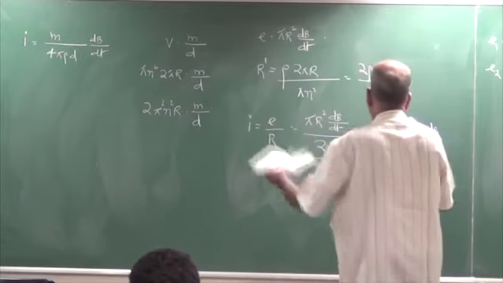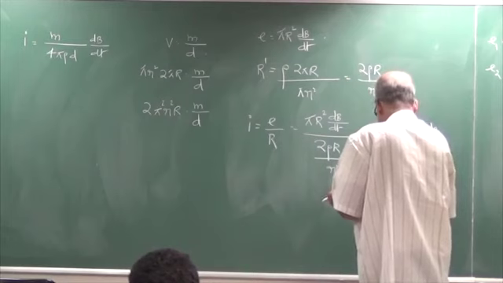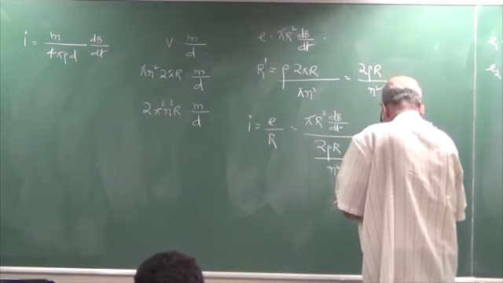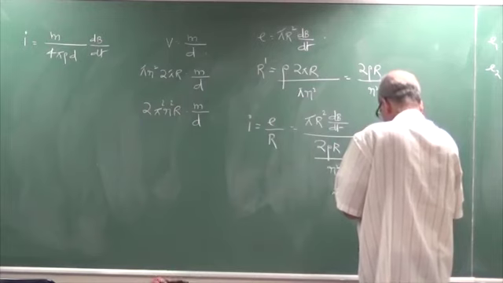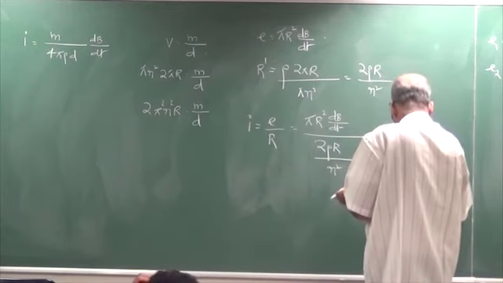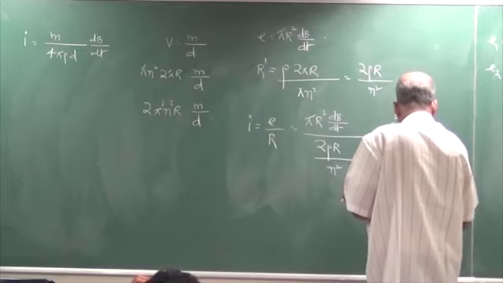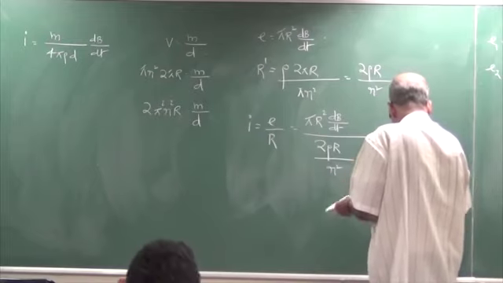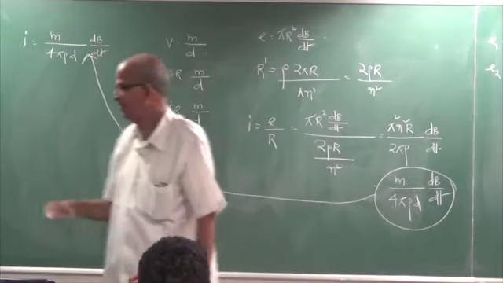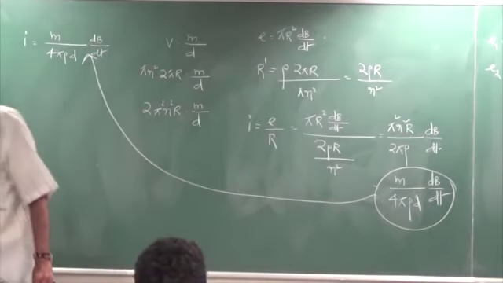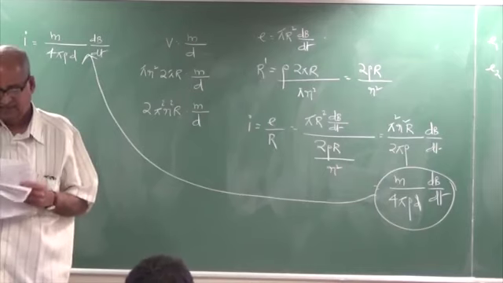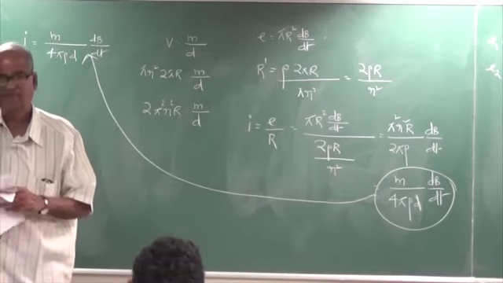This can be replaced by m by 4 pi rho d, correct now? 4 pi rho d into dB by dt. This is what you get. Clear? We worked quite a lot of problems.